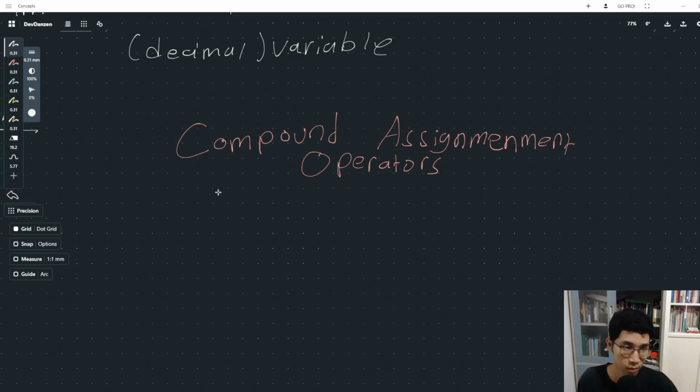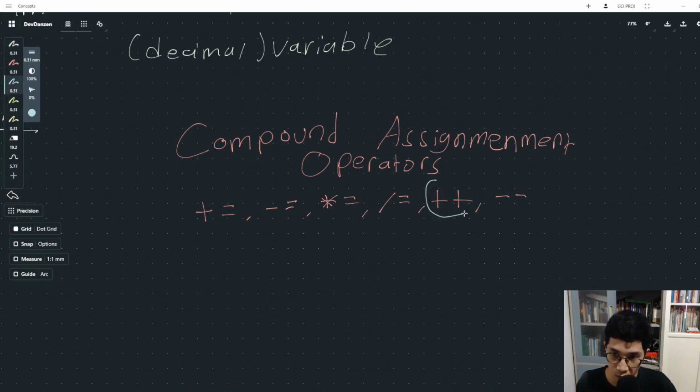Like addition assignment, and then subtraction assignment, multiplication assignment, and division assignment, the increment operator, which is plus plus, and the decrement operator.